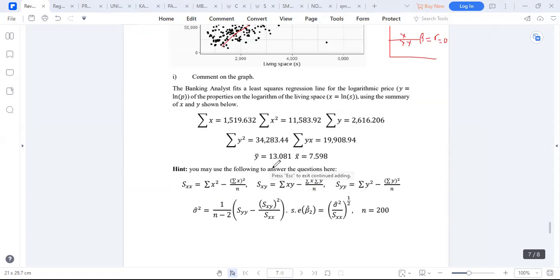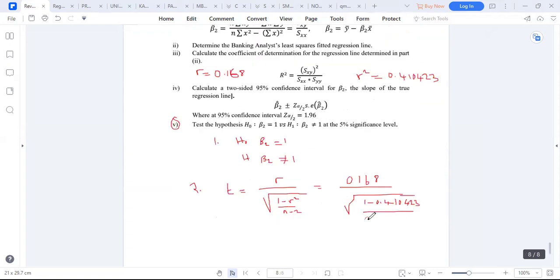It's 200. N minus what? 2. So what do you find as your T?